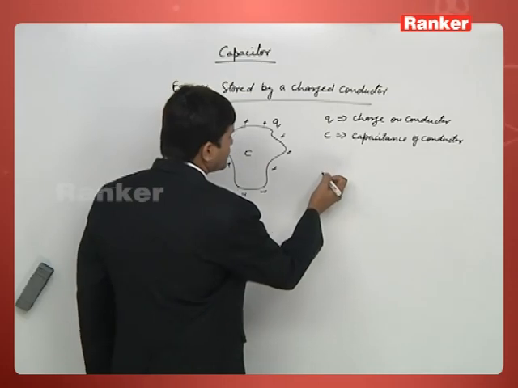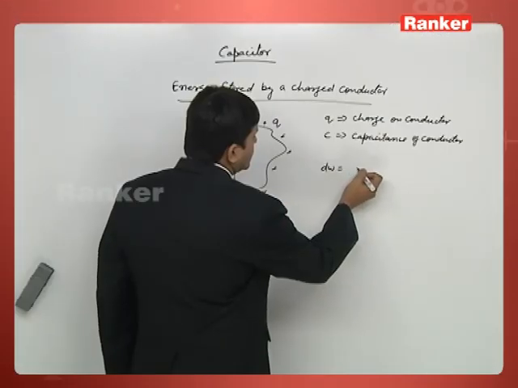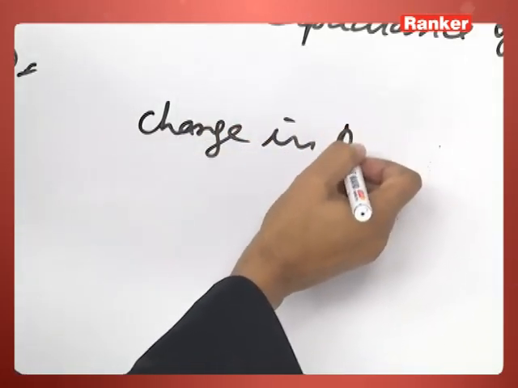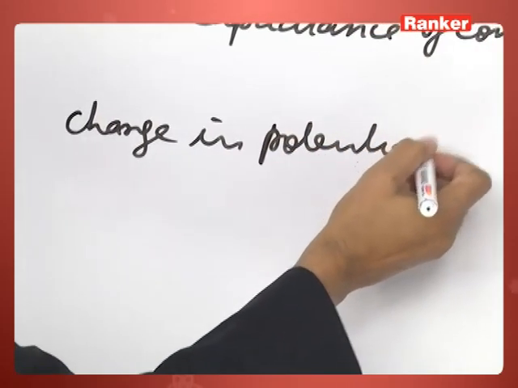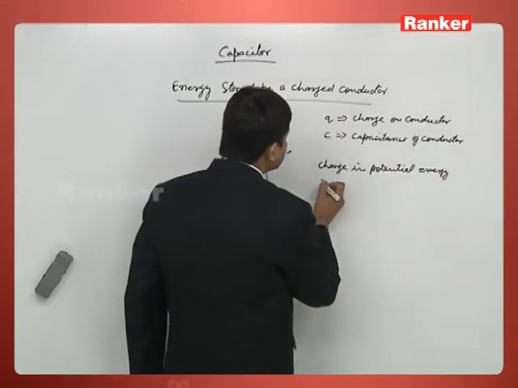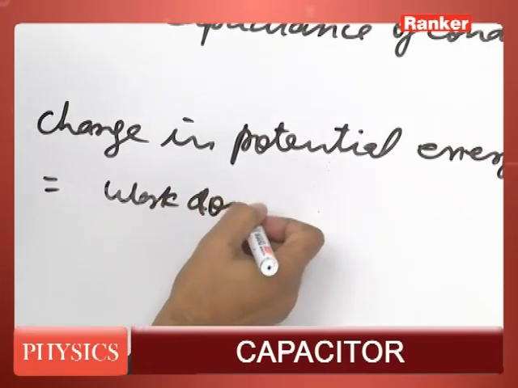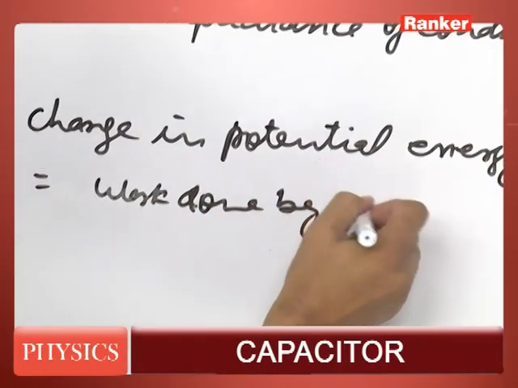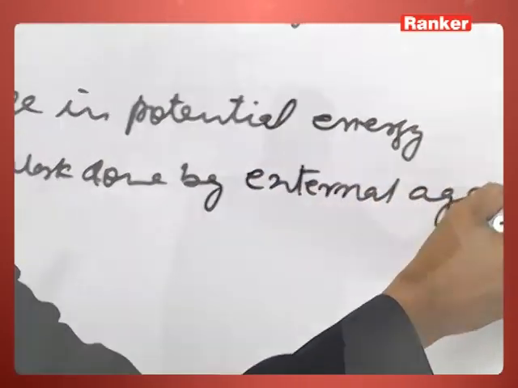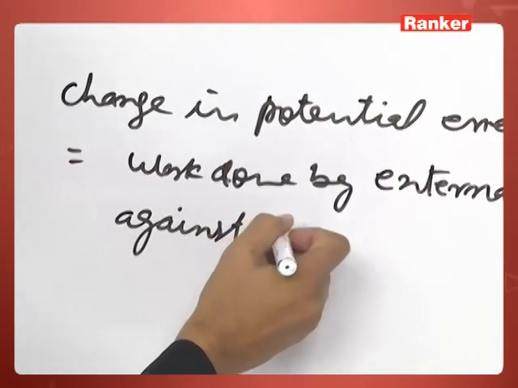As we know, work done, which is the change in potential energy, is equal to the work done by an external agent against the electrostatic force.